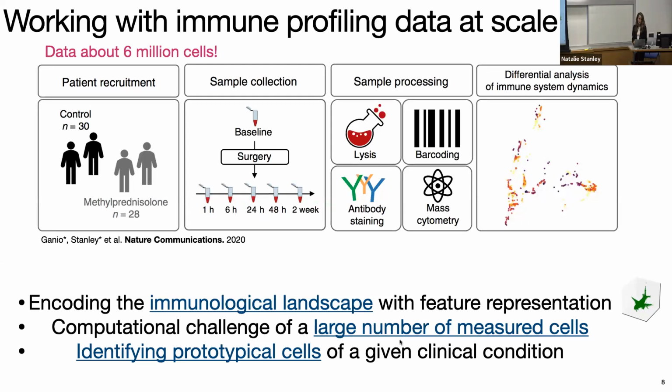How do we deal with the large number of cells? Can we actually throw some away without losing any information? And how do we downsample the data such that we don't lose any of the important signals in the data? And then how do we really explain to our collaborators which cells are prototypical in the data set or associated or highly indicative of some particular outcome of interest?